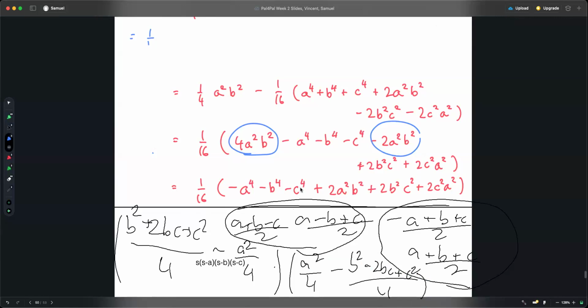So once you expand those two, let me write this out.